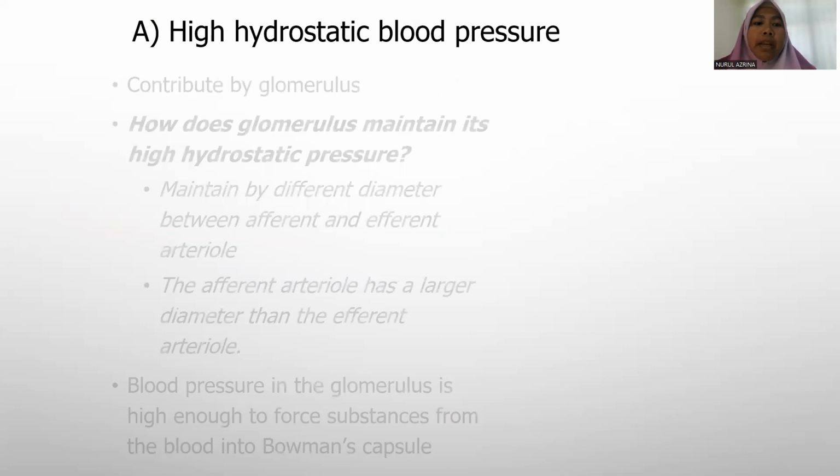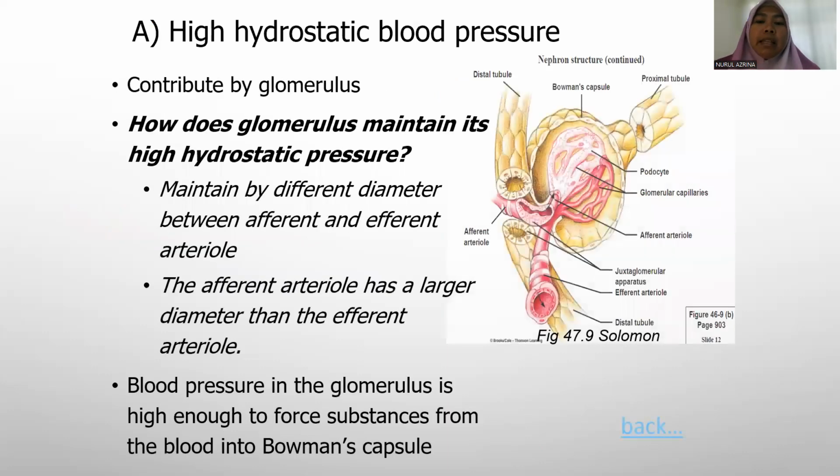Okay, next. Let's see the factors that contribute to the success of the ultrafiltration process. The first one is high hydrostatic blood pressure. The high hydrostatic blood pressure is contributed by the characteristics of the glomerulus. So how does the glomerulus maintain the high hydrostatic blood pressure?